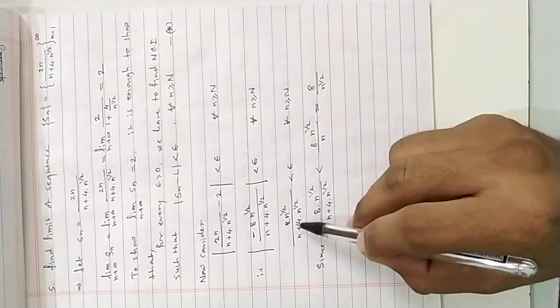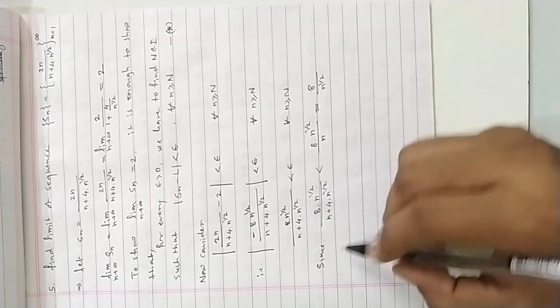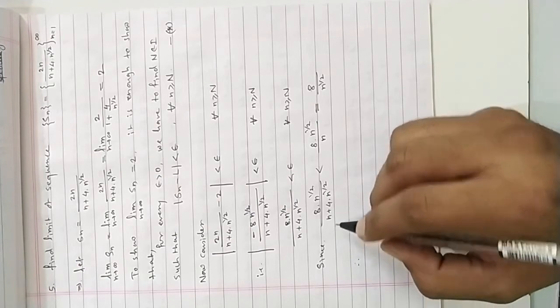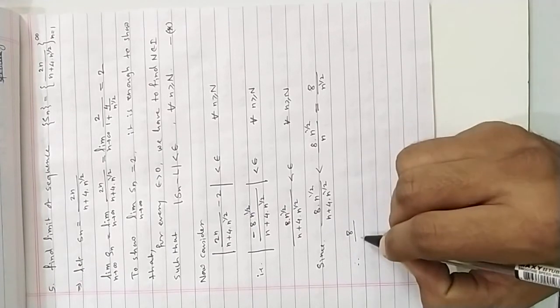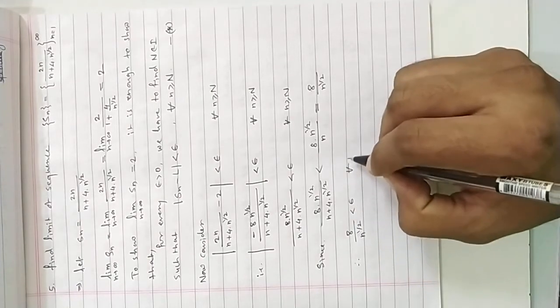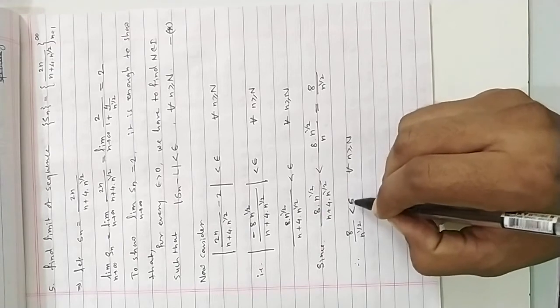Right. Therefore 8 upon n raised to half is less than epsilon. We require this quantity to be less than epsilon.